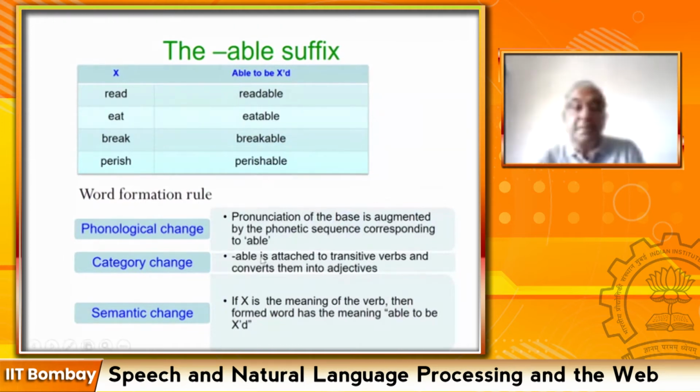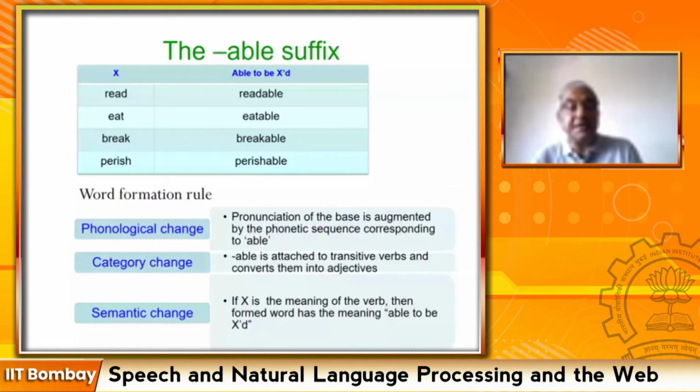So in derivational morphology, phonological changes happen, and the category changes: read becomes reader, from verb to noun. And there can be a semantic change in the meaning. Read is an activity, reader is a person who is doing the reading. So when we do derivational morphology, these are the changes which happen.